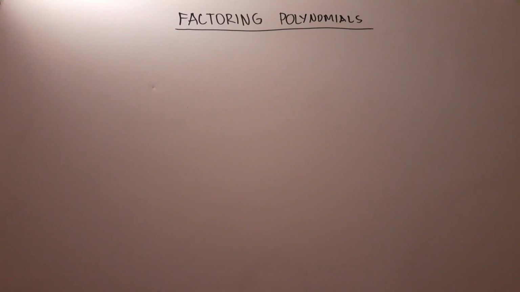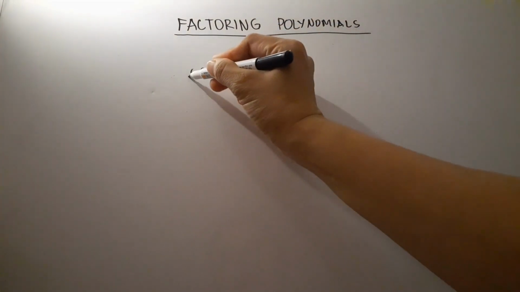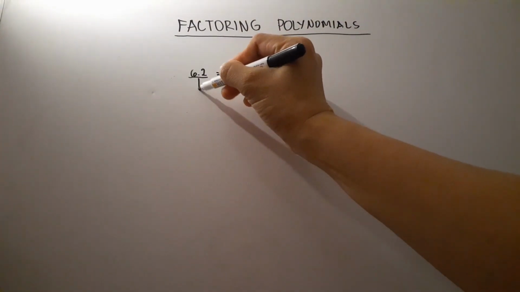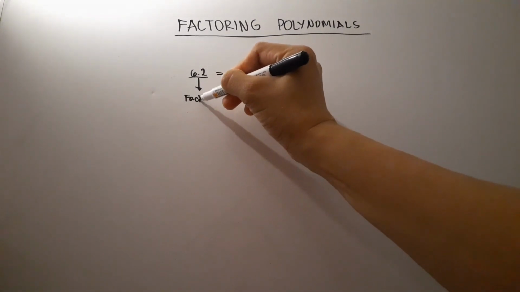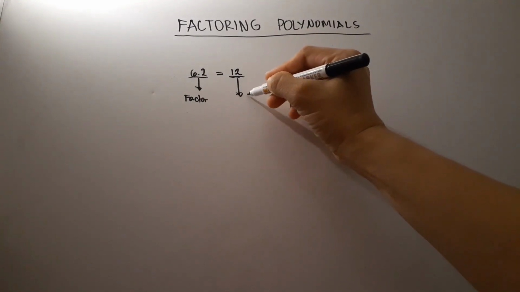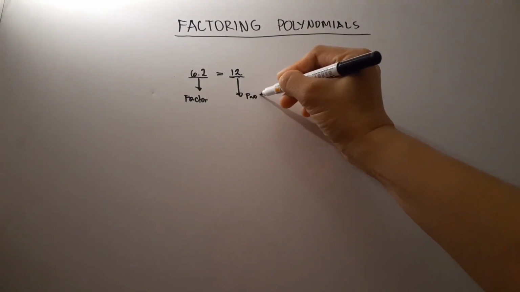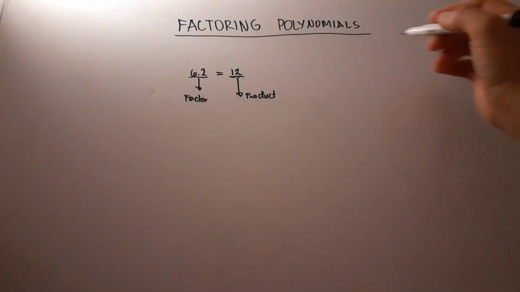Today we're going to study factoring polynomials. Factoring polynomials is to write the quantity as a product, and it is the opposite of multiplication. For example, in multiplication, we have 6 times 2 is equal to 12, where 6 times 2 is our factor and 12 is the product.